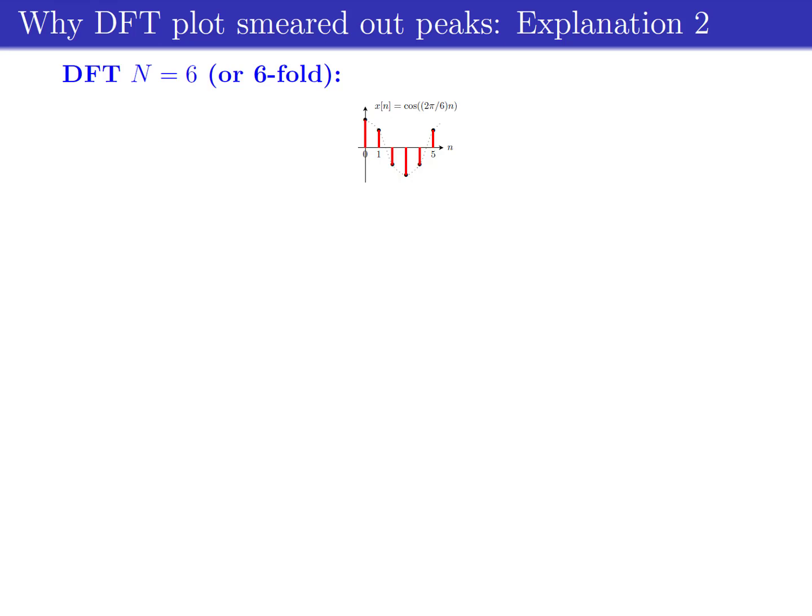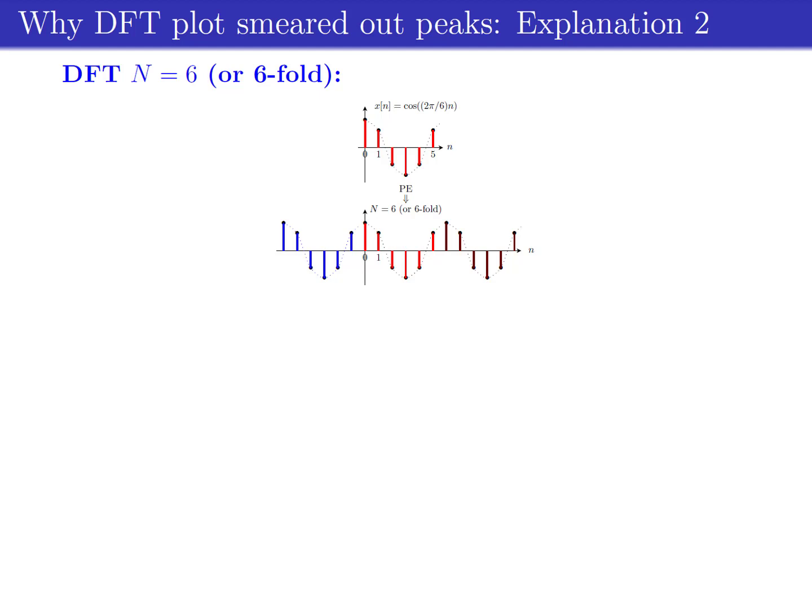When applying a 6-point DFT to the sinusoidal signal x[n] is cosine 2 pi divided by 6 n, we use 6 samples, colored in red, which span exactly one period of x[n]. We've seen before that the DFT frequency samples represent the frequency content of a periodic extended signal. In this case, the 6-point periodic extended signal is shown in the figure.